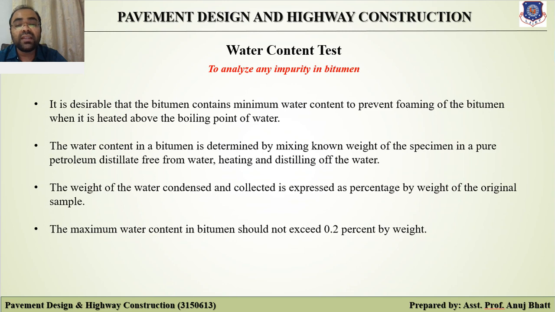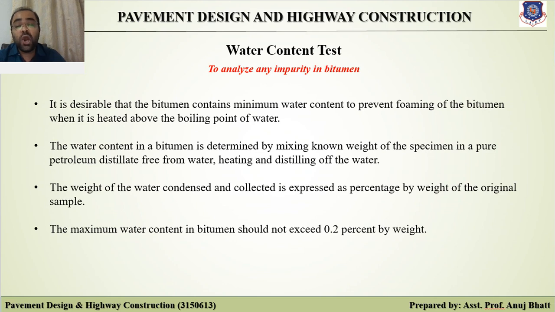The water content in bitumen is determined by mixing a known weight of the specimen in a pure petroleum distillate which is free from water, then heating and distilling off the water. The weight of the water condensed and collected is expressed as a percentage by weight of the original sample.